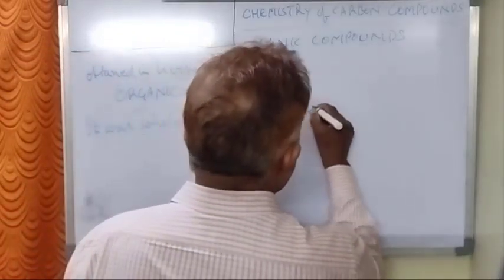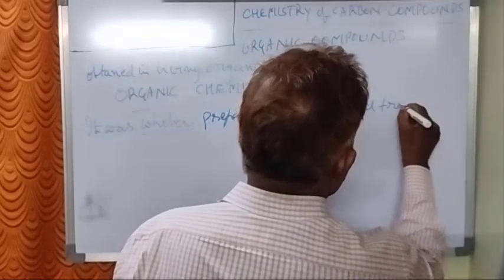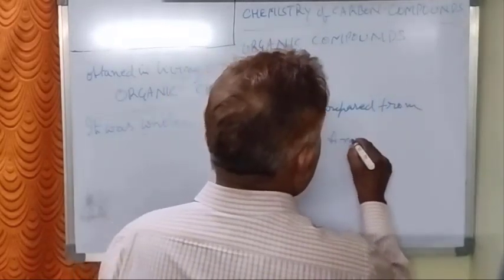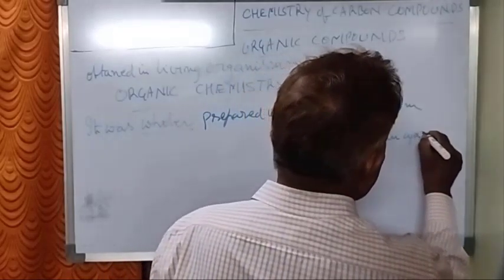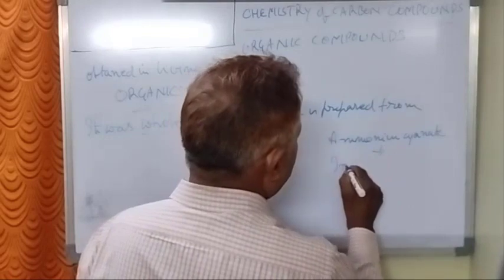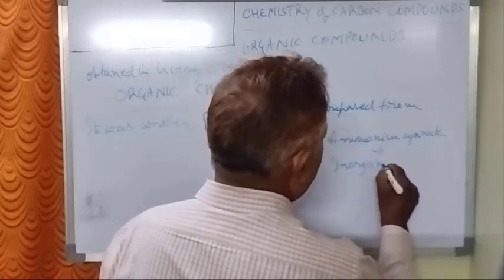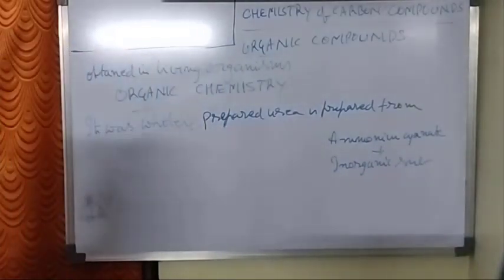Urea is prepared from ammonium cyanide. Ammonium cyanide is an inorganic substance. Inorganic substance means which is prepared in the laboratory.